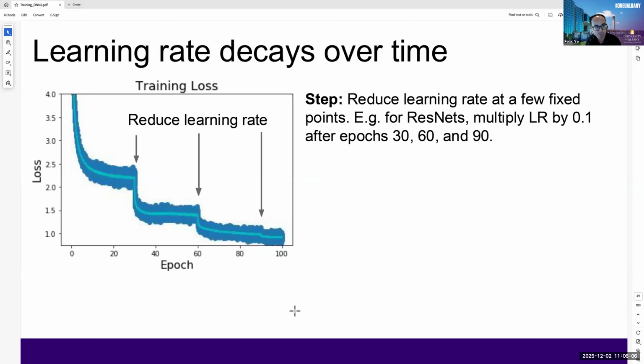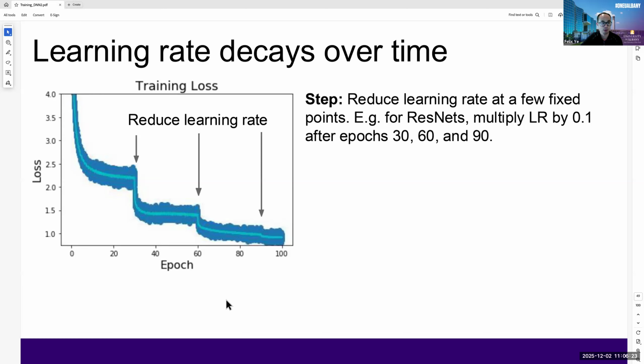So what we can do here is reduce the learning rate at a few fixed points. This is used in ResNet. We multiply the learning rate by 0.1 after epochs 30, 60, and 90.